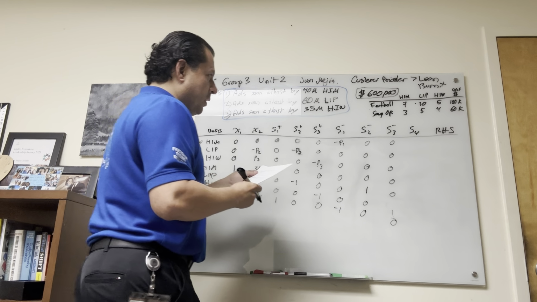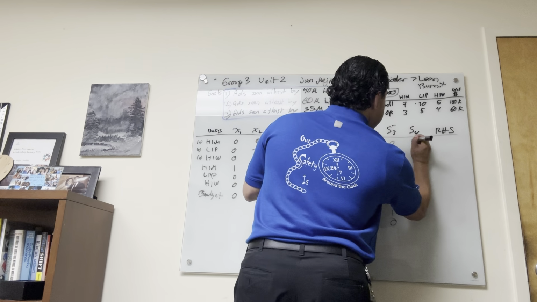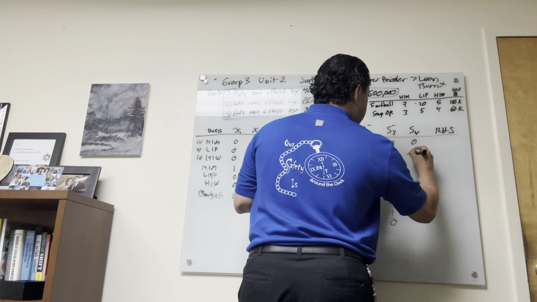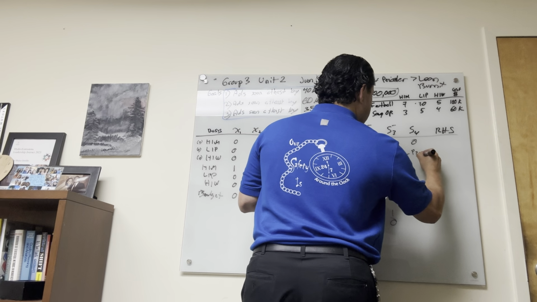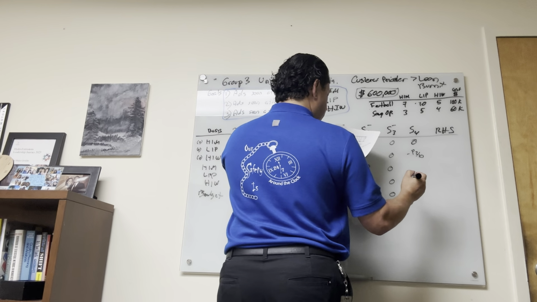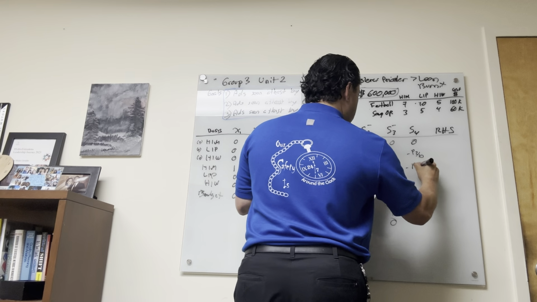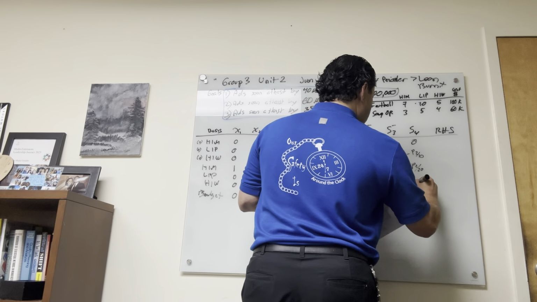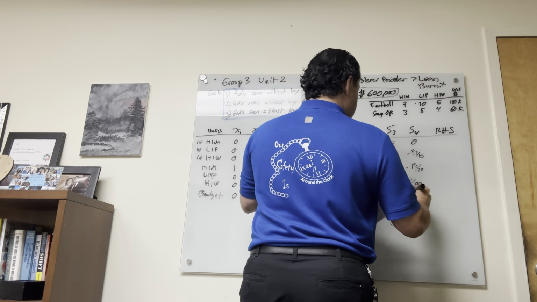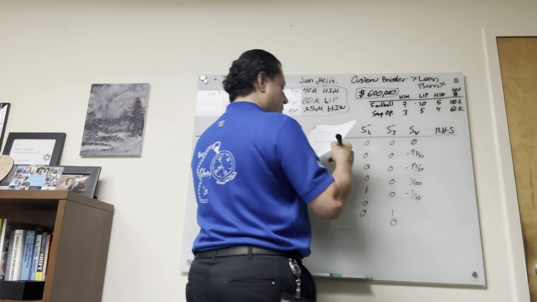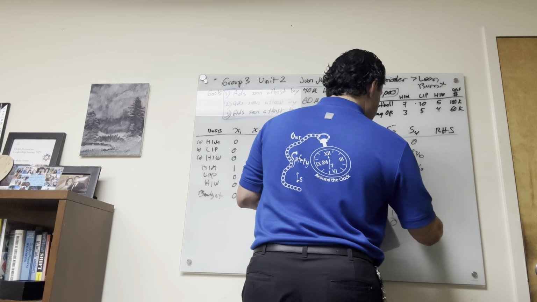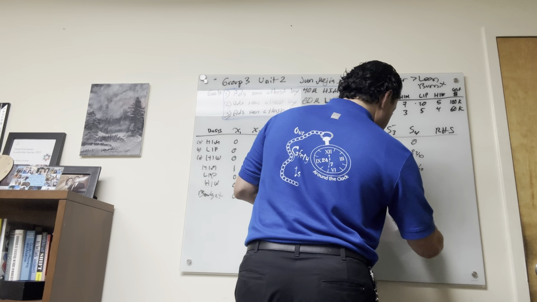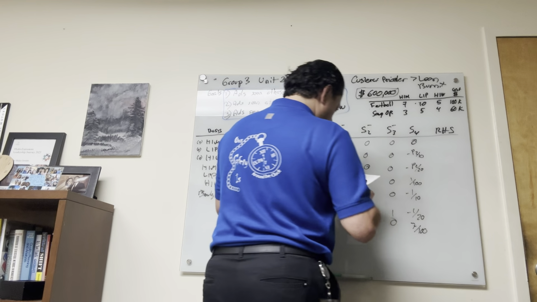And then here's where we start having some big numbers. So we have a negative P2 over 10, negative P2 over 20, 1 over 100, negative 1 over 10, negative 1 over 20, and in the last row, we have a 7 over 100.